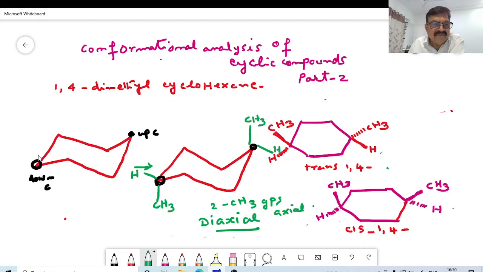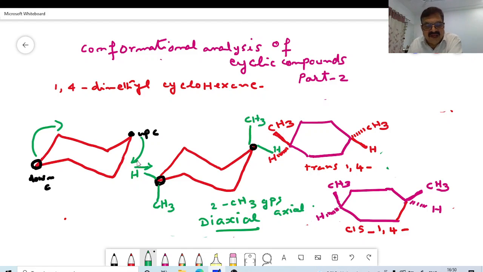This carbon will go like this, and this will come down like this. This is the ring flipping. Up carbon flips down, the up carbon will become a down carbon, and a down carbon will become an up carbon. That is ring flipping.